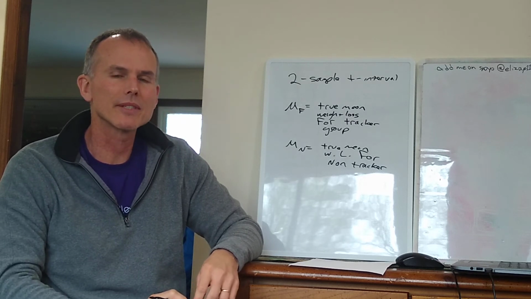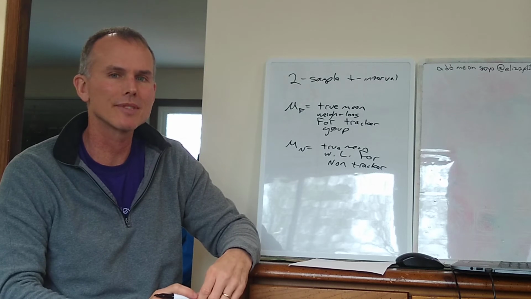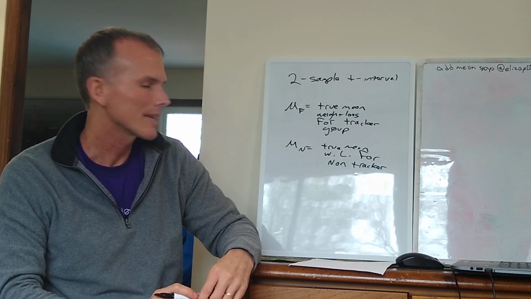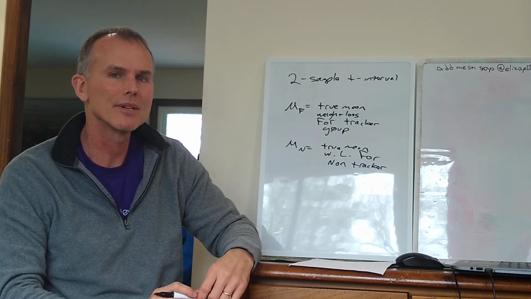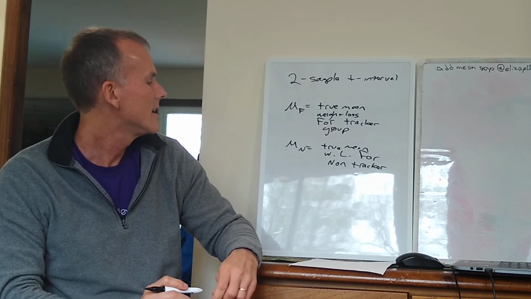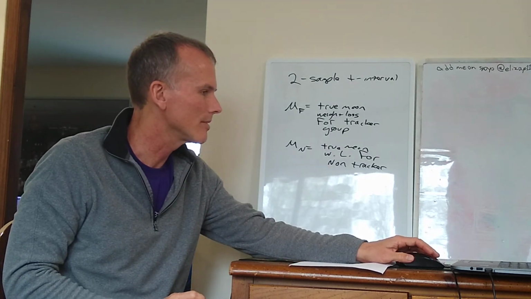We define the parameters of interest the same way, and we could run a two-sample t-test here, but we're going to do a two-sample t-interval instead. With a confidence interval, remember, we don't have to make hypothesis statements. We just go straight into it. What I'm going to do here is write down the sample statistics.